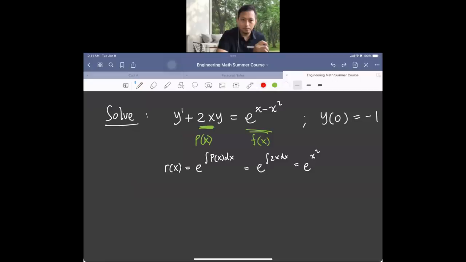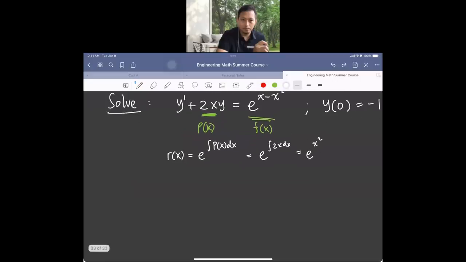Okay, so just write it as it is, and then multiply the integrating factor to the equation.